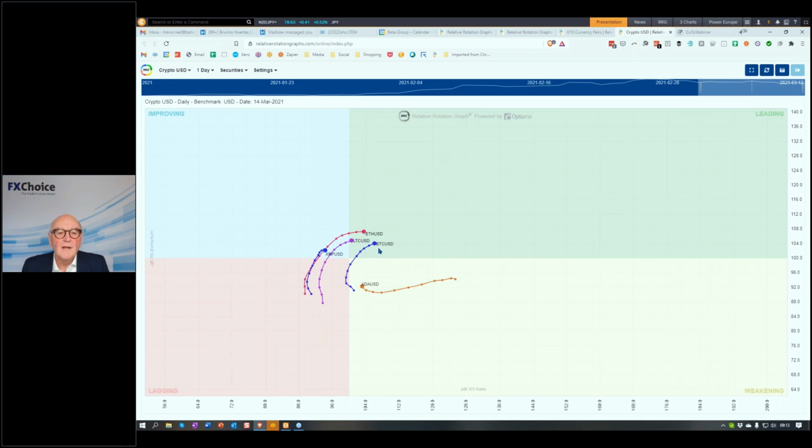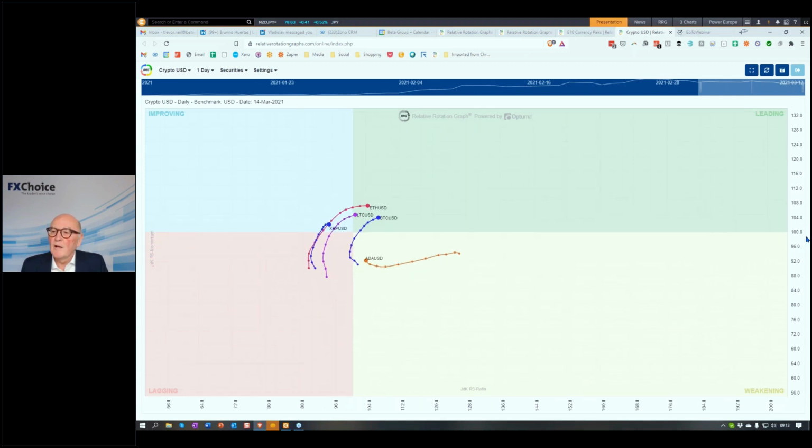I didn't mean to do that, but in general of the big ones, Ripple, Ethereum, Litecoin, and Bitcoin, we are moving northeast, aren't we? Northeast. So what is that? What is northeast direction? That is strengthening relative to the US dollar with positive momentum. So getting outperformance through cryptocurrencies over the US dollar itself, which we would expect.